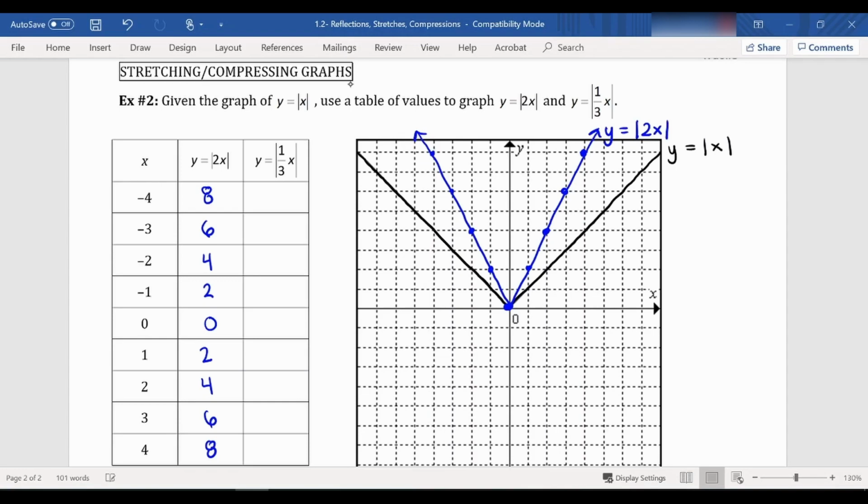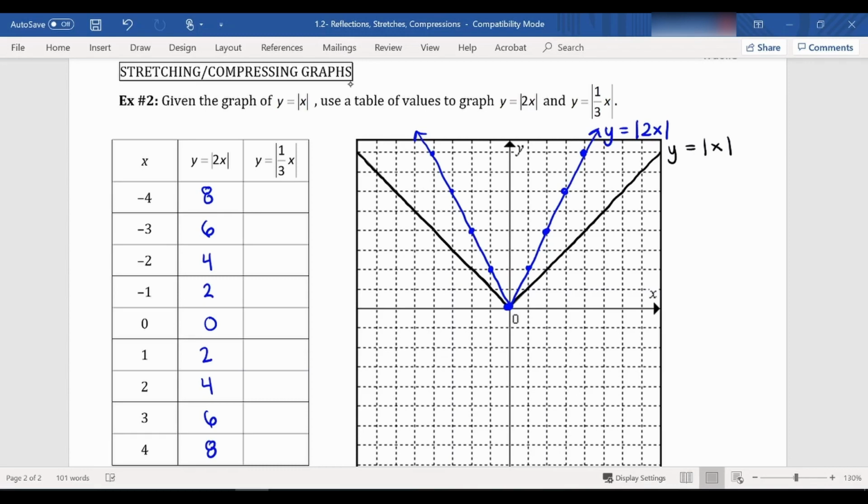Okay. Now, specifically, we are going to be looking at this through the lens of what happened horizontally. The reason we are doing that is because the 2 is inside the function. So as with yesterday, if we added or subtracted a number inside the function with the x, that was a horizontal translation.